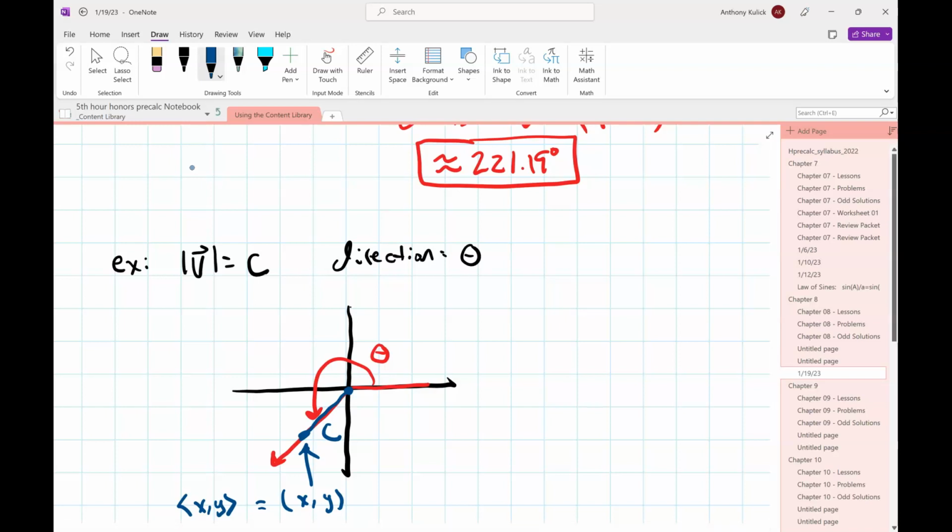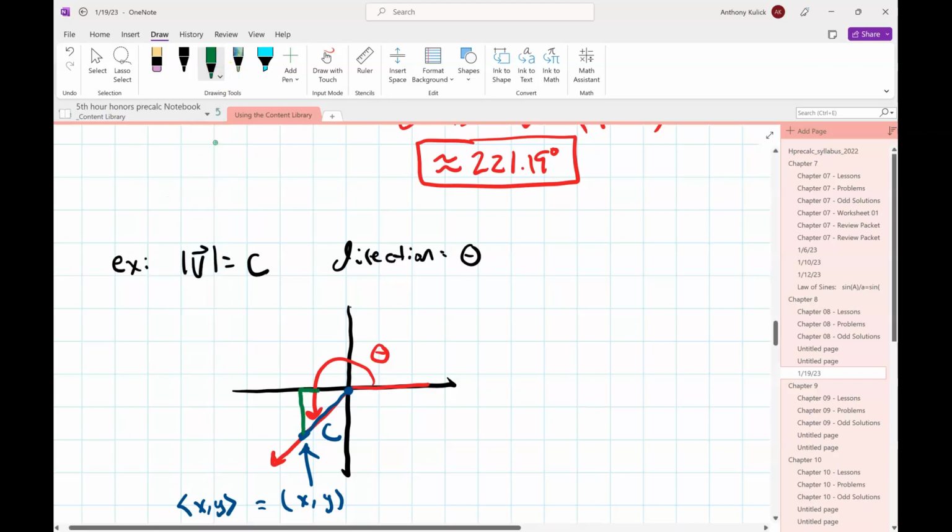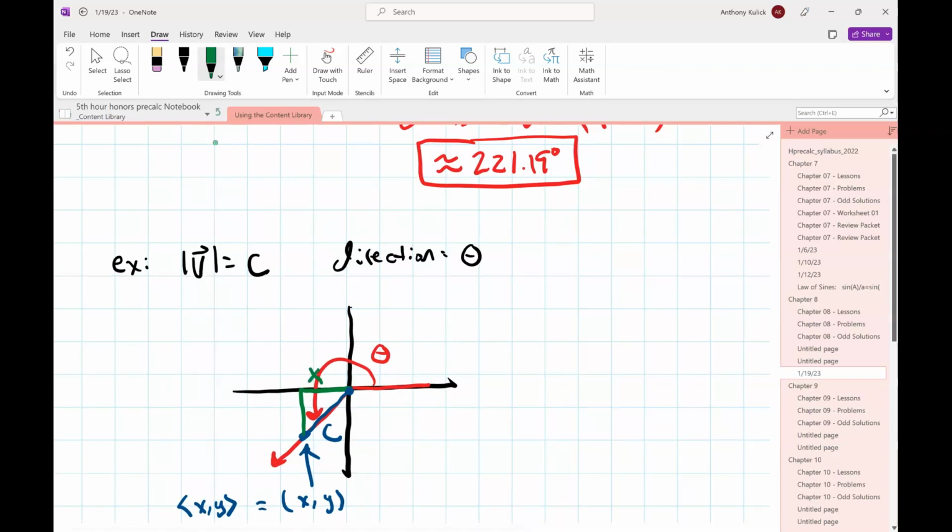Okay, well, if I think about this as a right triangle, my x side would be the same thing as cosine theta equals x over c, adjacent over hypotenuse, or x over r, if we're thinking about it as the point definition.